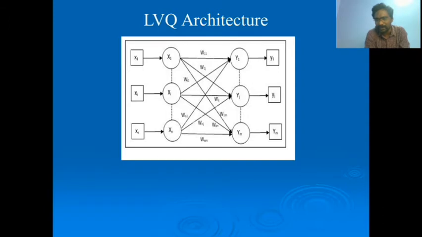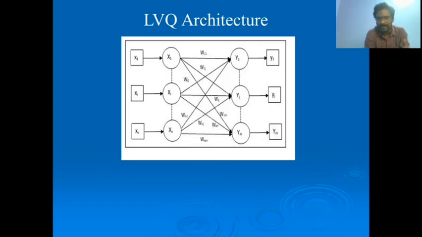Because it is supervised learning, we know the target output which we expect. So when we compare the desired output which we got with the targeted output, if there is any error or deviation, we need to adjust the weights or the input parameters which we are giving at the input layer. We need to adjust them so that we can match the target output.